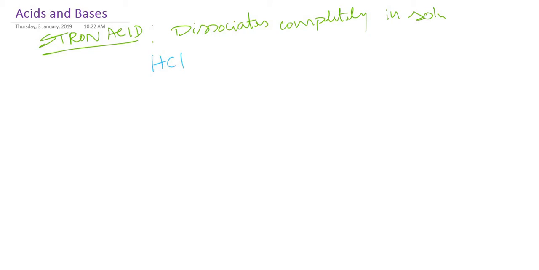We all know that it is a strong acid. In aqueous medium it will dissociate completely to give proton as well as chloride. So 1 mole of hydrochloric acid will dissociate completely and rapidly and give 1 mole of proton and 1 mole of chloride. This is a strong acid.